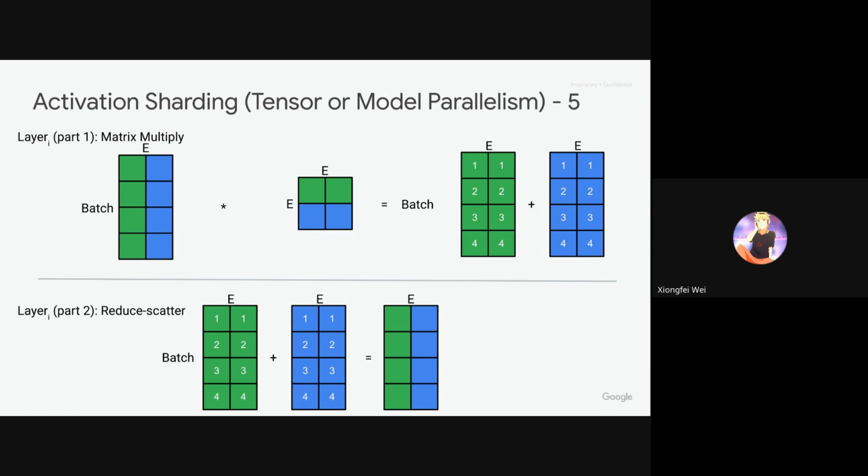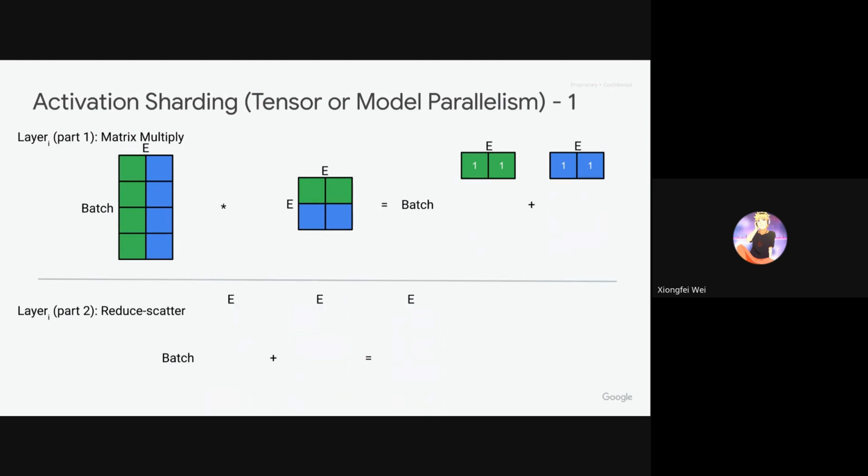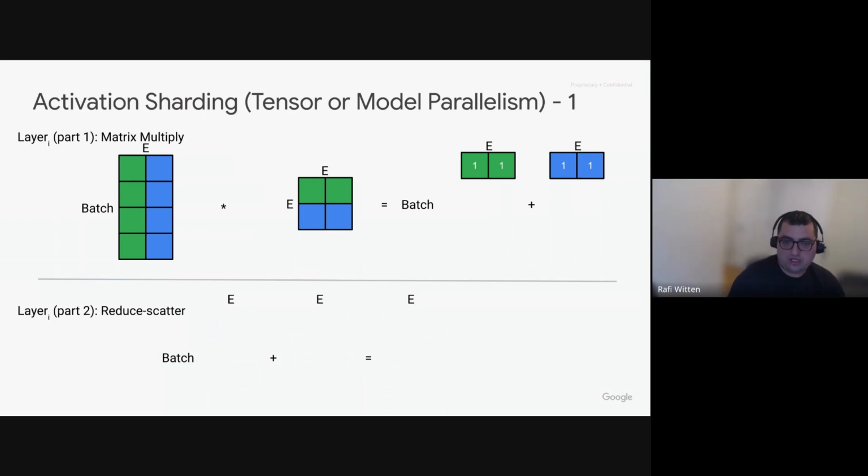Hey, Rafi. I'm not sure if I follow the upper set of the slides. I think the green and blue refers to a different shard, right? Yeah, they're 2 different chips. This is a great question. So green and blue are different chips, and green and blue have these 2 separate shards of the matrix.